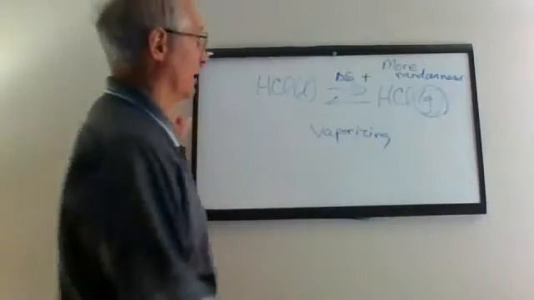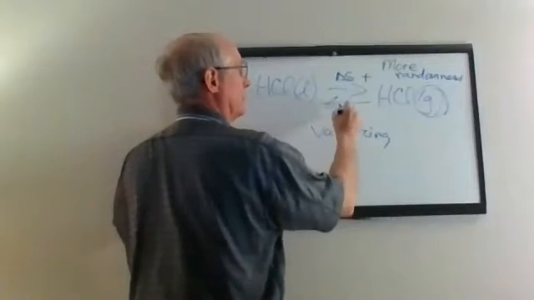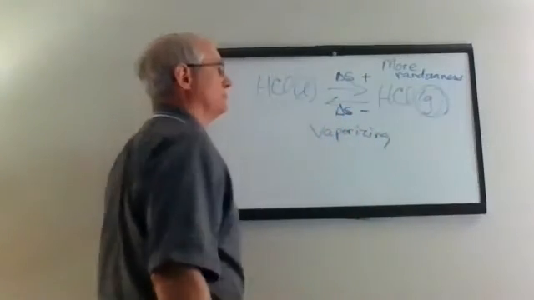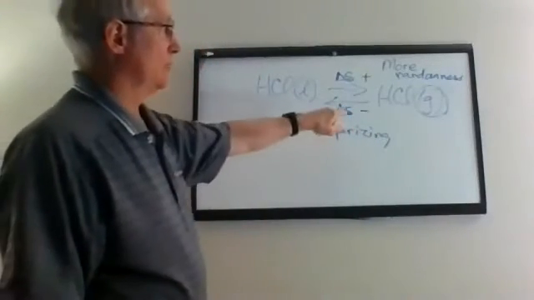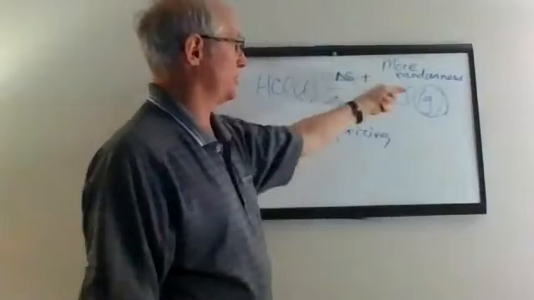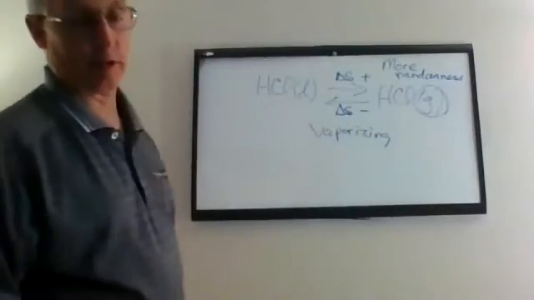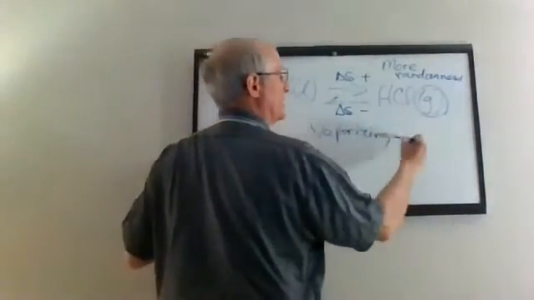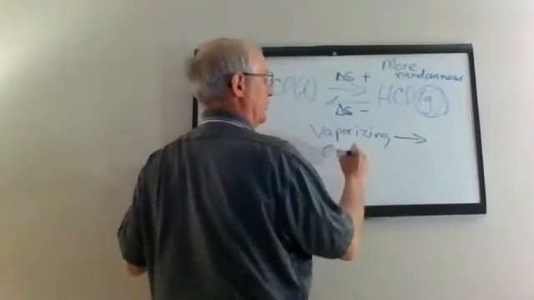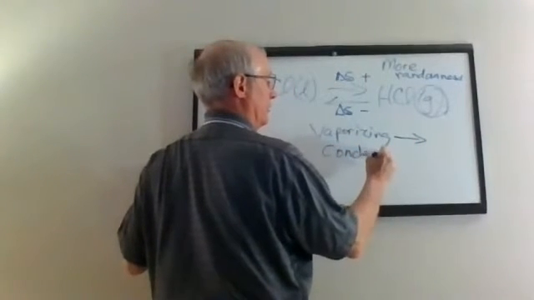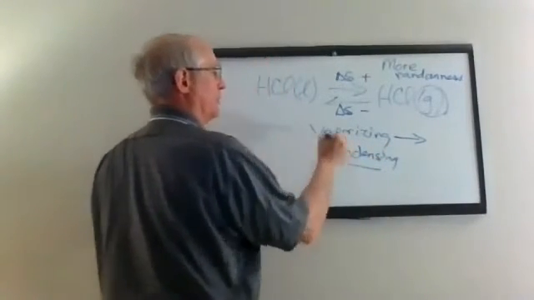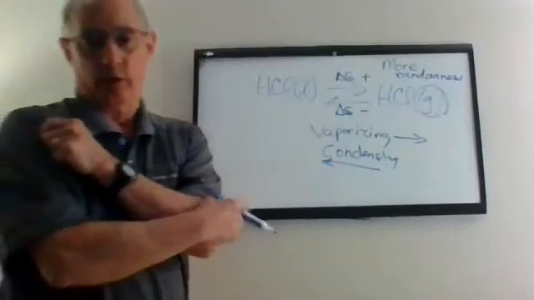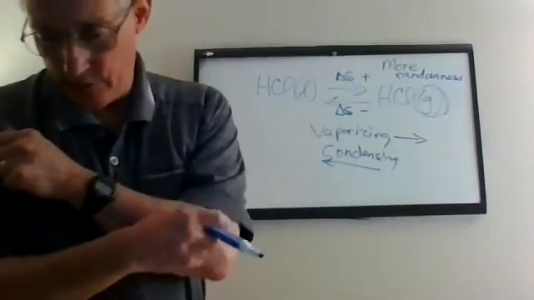But coming back to the left, delta S would be negative. So the randomness would go up if it goes to the right. Randomness would diminish if it comes back to the left, if it condenses. It's vaporizing going that way. It is condensing if it's going this way. It's a two-way equation. We call those equilibrium equations.